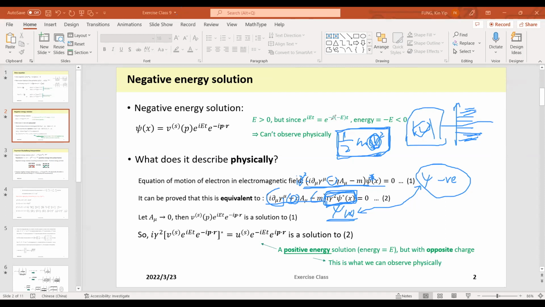They have negative temperature. And why can't we just say that antiparticle has negative energy as well?